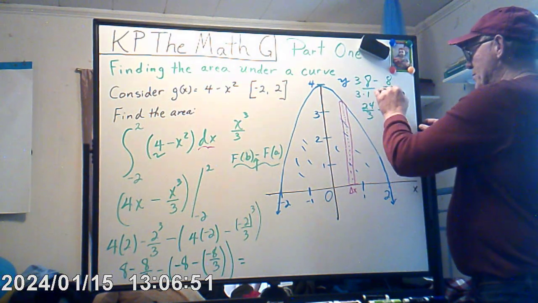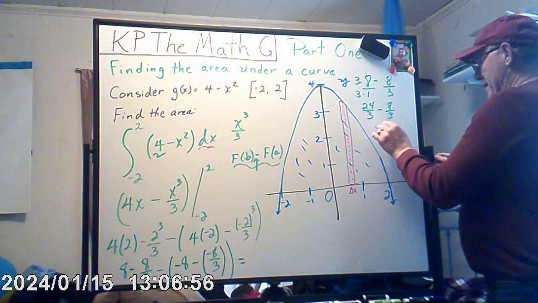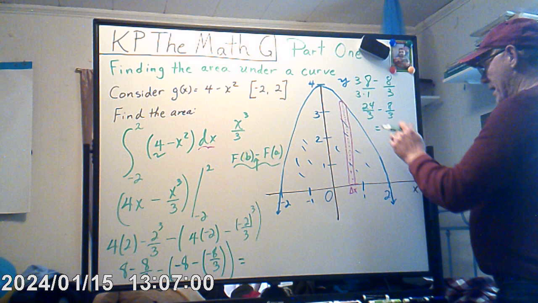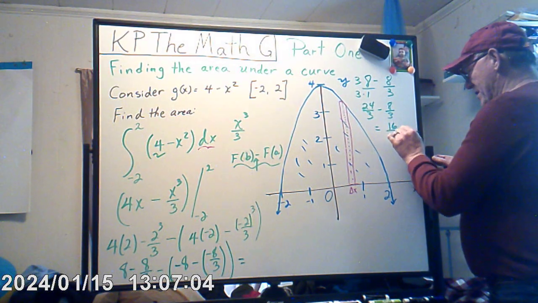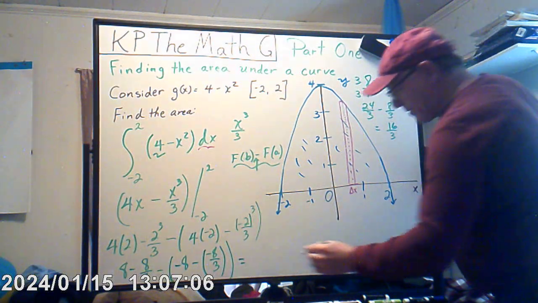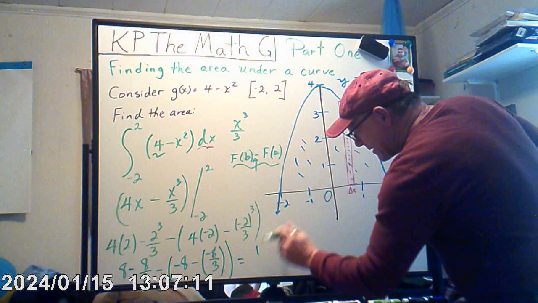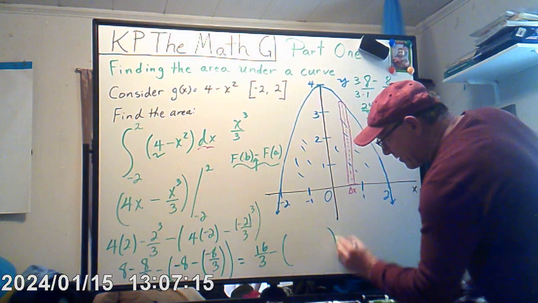Just get where you can multiply that 8 by 3 and get 24, so that's 24 over 3. The front part now, 24 minus 8 is 16. So 16 over 3. The front part is 16 over 3.